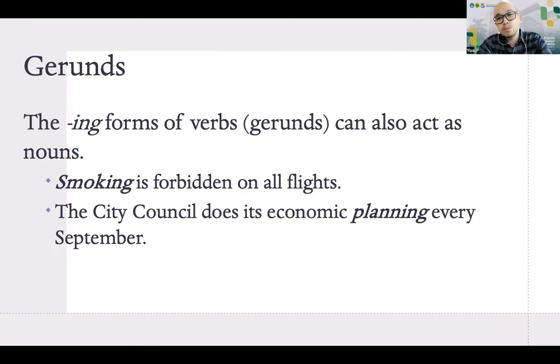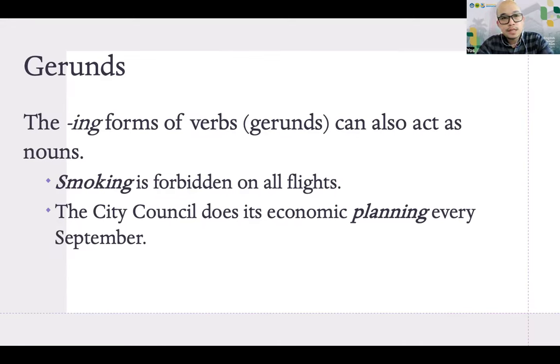It comes from the verb smoke. In the sentence, smoking is forbidden for all flights, smoking occupies the position of subject because this sentence is talking about smoking activity.